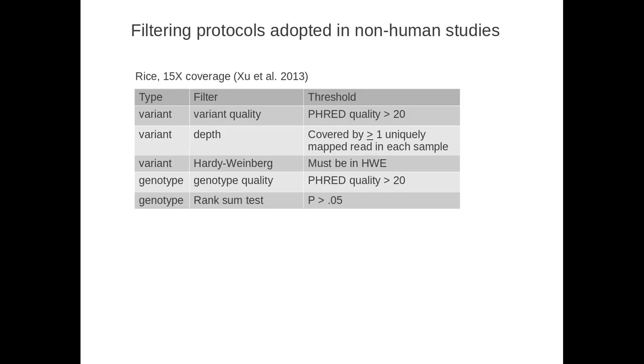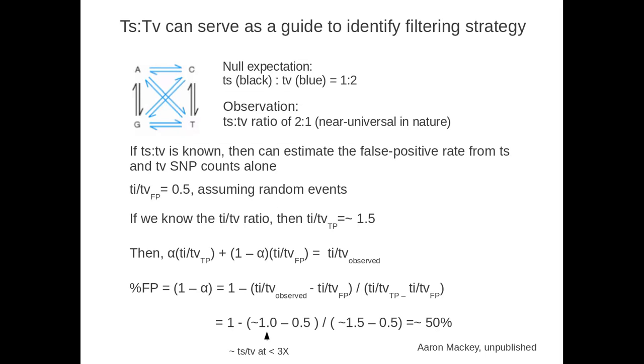So what can we use to actually inform ourselves about which classes of SNPs, like low coverage SNPs across a set of samples, or SNPs in repetitive regions, are really contributing a lot of false positives?